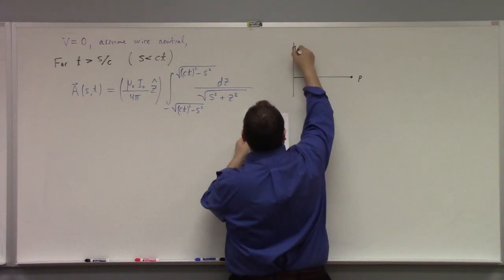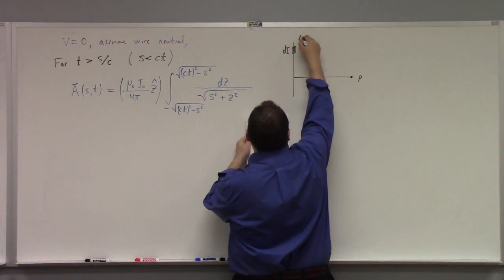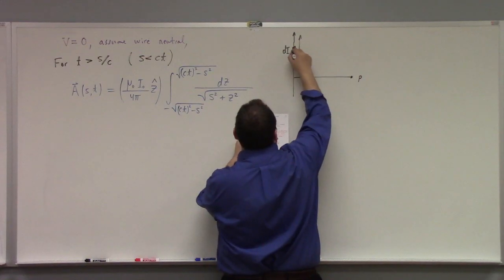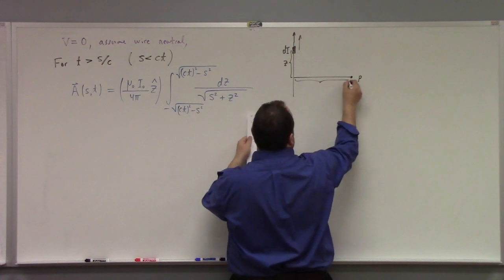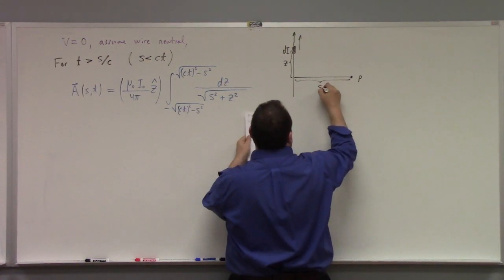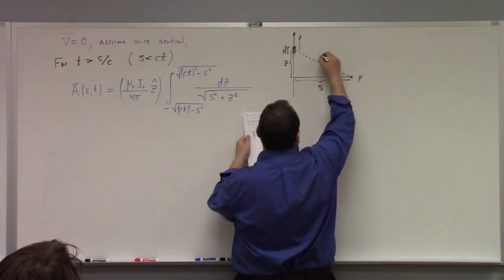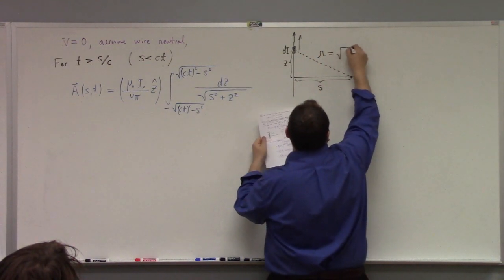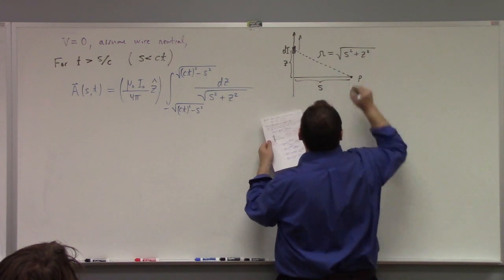And we're thinking about this little bit of current, going upwards. This is the z-axis, of course, but we're looking at it at position z. This distance here is s, and the distance between the source current and the field point we call script r. And script r is the square root of s squared plus z squared.